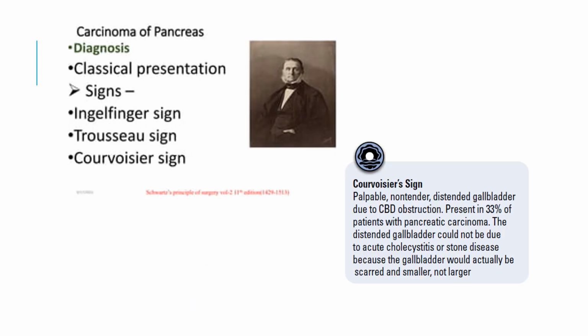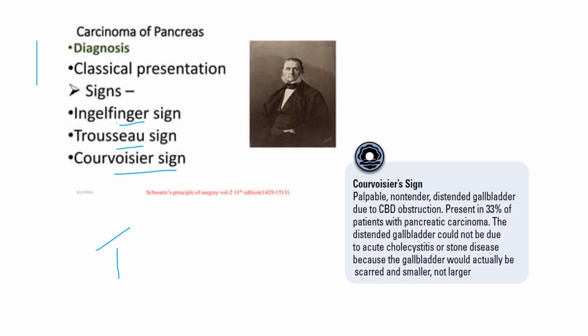Coming to carcinoma of pancreas. Usually at the head of the pancreas, there can be cancers. There are certain named signs in carcinoma of pancreas. It's called Ingelfinger sign, Trousseau sign, Courvoisier sign, and there is also Troisier sign. Troisier is another thing, Trousseau is another thing.